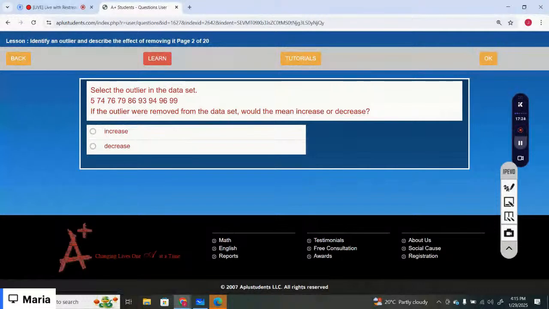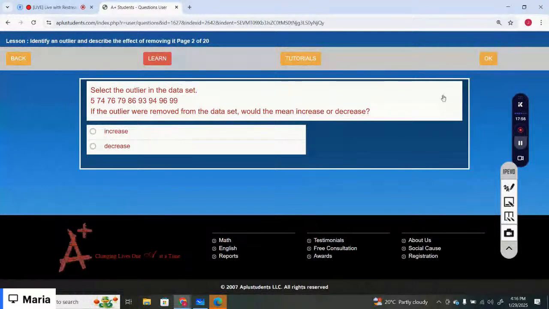Select the outlier in the given data set. So which is the correct option? 2.